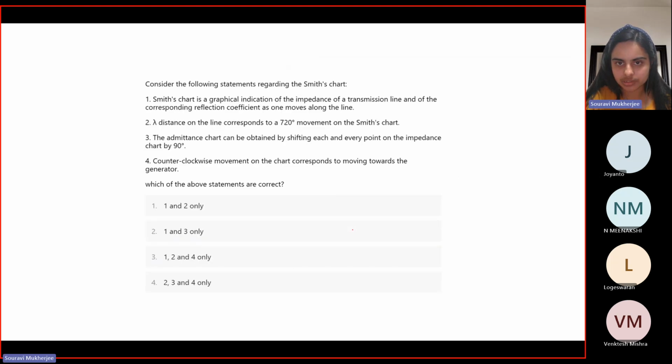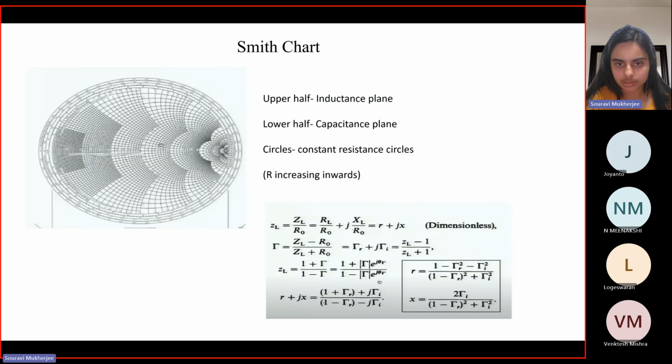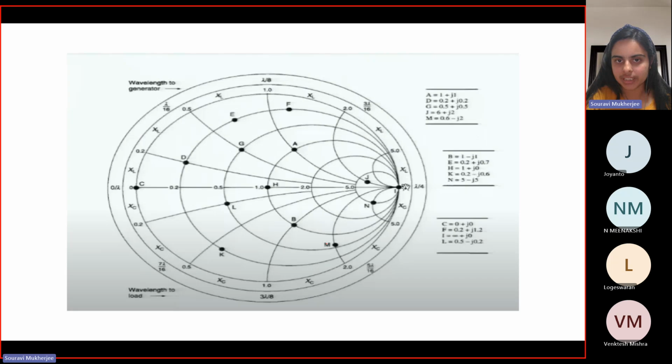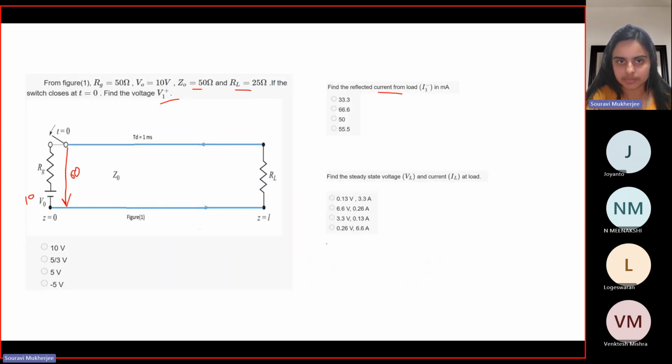You know ZL, the load, and the characteristic impedance. So it is 25 minus 50 by 25 plus 50, which is minus 1 by 3. That will be your reflection coefficient.